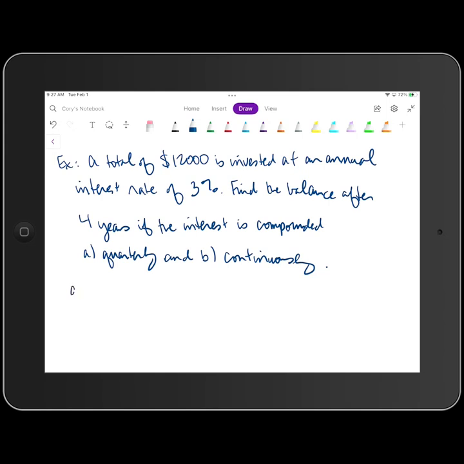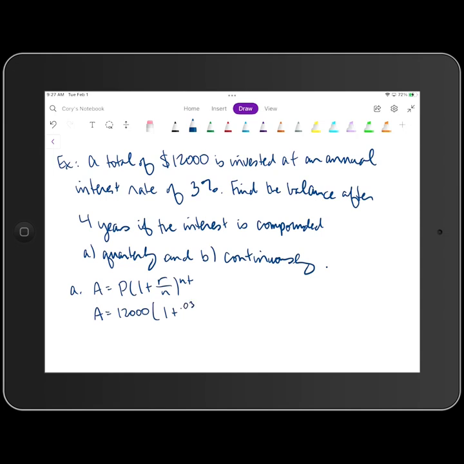Okay, so for part A, again, our formula is A is equal to P times 1 plus R over n raised to the nt power. So our principal is 12,000 times 1 plus our interest rate is 3%.